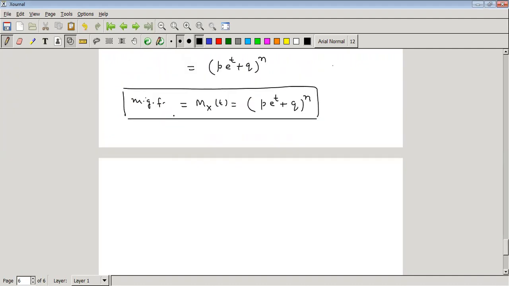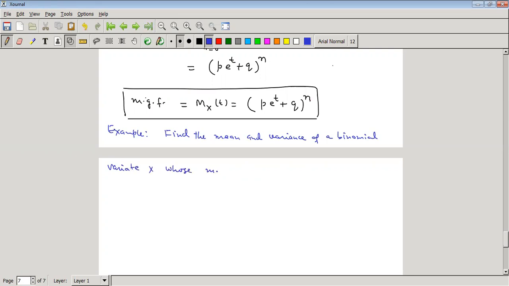So let us discuss one example of how we can find mean and variance with the help of moment generating function. Example: find the mean and variance of a binomial variate X whose moment generating function is as follows.